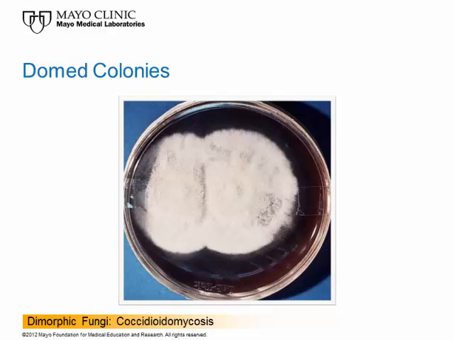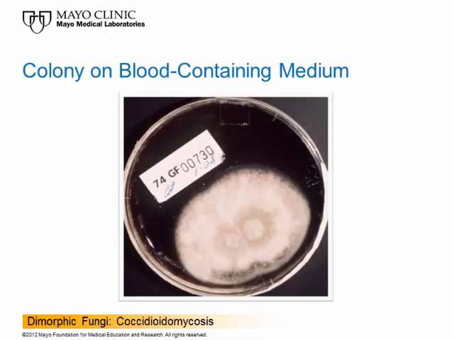This is another example of colonies of Coccidioides immitis/posadasii. What you see here are 2 colonies side by side, and they're heaped up in the center. That's a common feature for some of these isolates that we see. They're dome colonies. This is a colony on a blood-containing medium and it almost looks like it has a little bit of a green color to it.